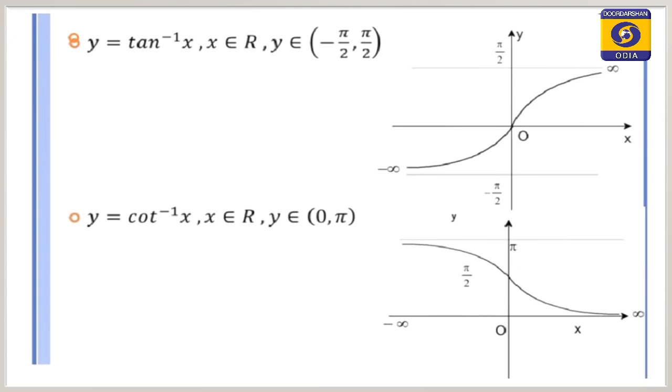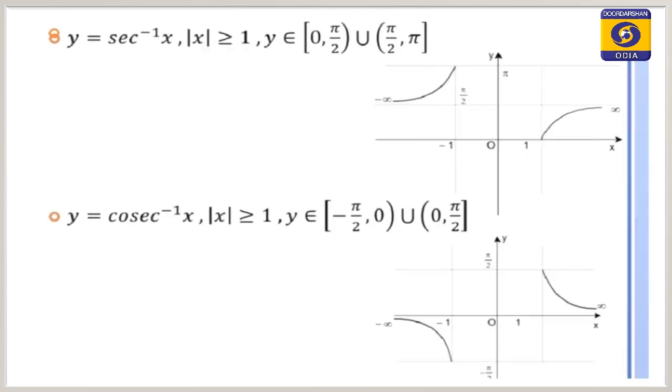You know x belongs to the closed interval of minus 1 to 1, that is the domain of cos inverse x. So, y belongs to the closed interval of 0 to pi. For x from minus 1 to 1, y belongs to the closed interval of 0 to pi, what I have told you in the table of domain and range of inverse trigonometric functions.